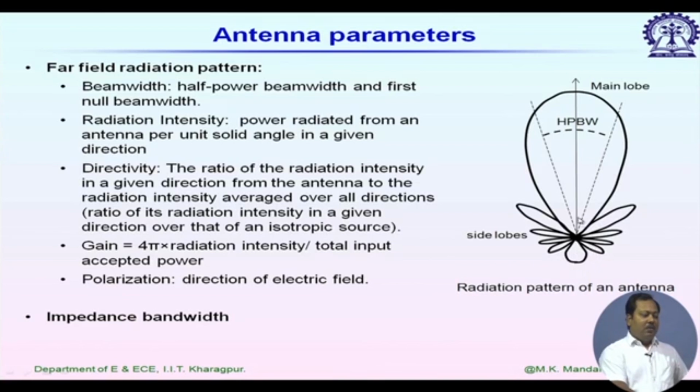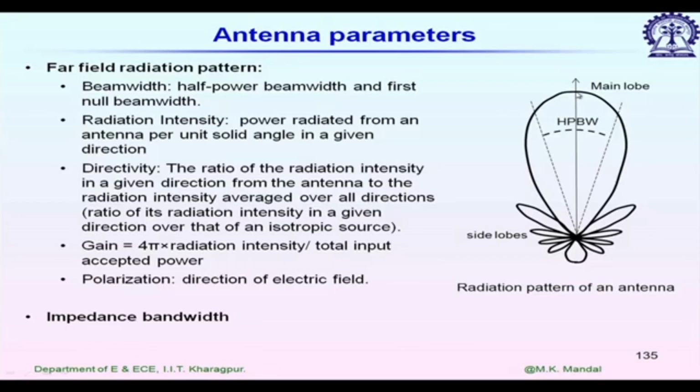Now one more important quantity is the beam width of the antenna. We can define beam width in two ways: half power beam width and first null beam width. How do we define half power beam width? Let us say the gain of the antenna in the desired direction is given by x, then we come down by 3 dB, and the corresponding angular separation is known as the half power beam width of the antenna.